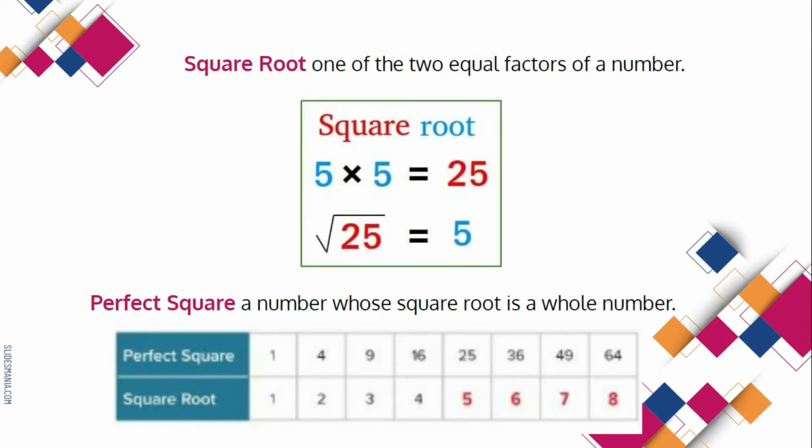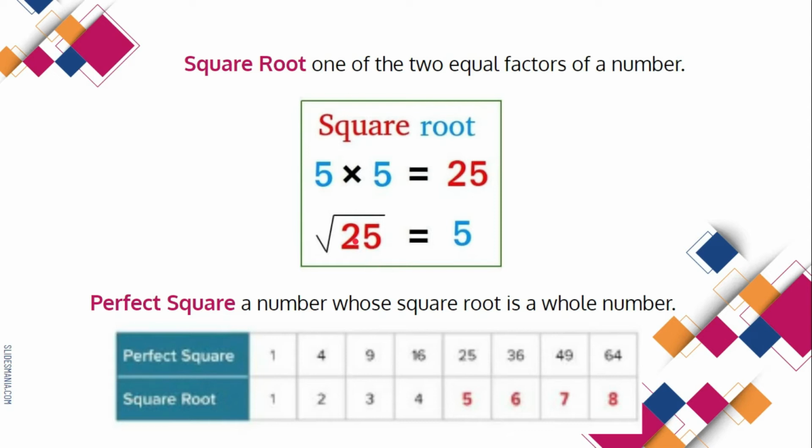So a square root is the number that we need to multiply by itself to get the original number. For example, here we're looking for the square root of 25.